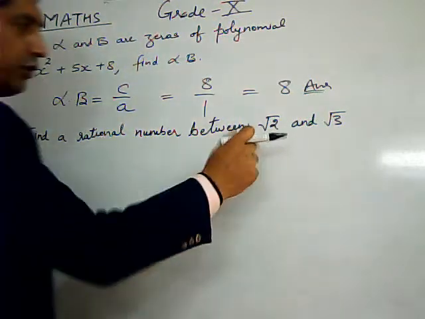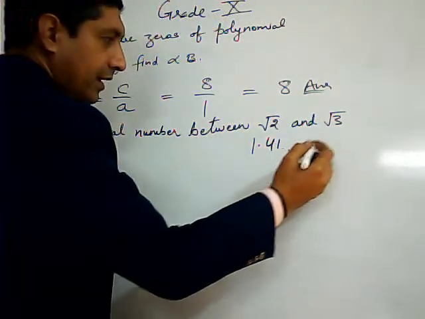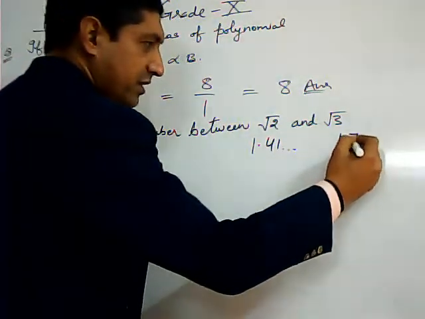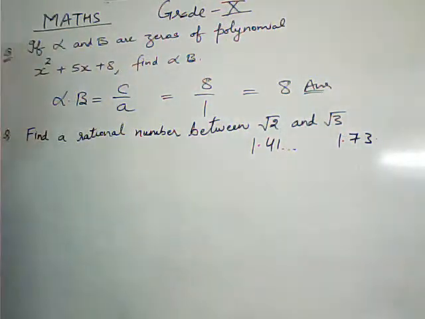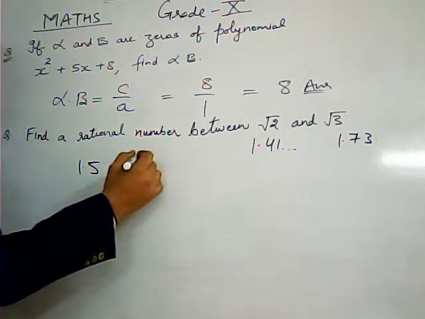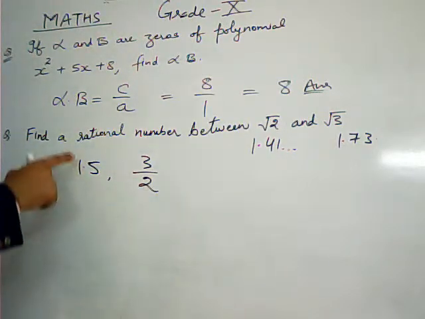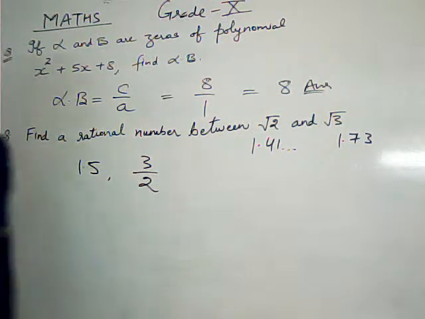We know the value of under root 2 is 1.41 and so on, and under root 3 is 1.73. So a rational number like 1.5, which we can write as 3 by 2, always lies between under root 2 and under root 3.